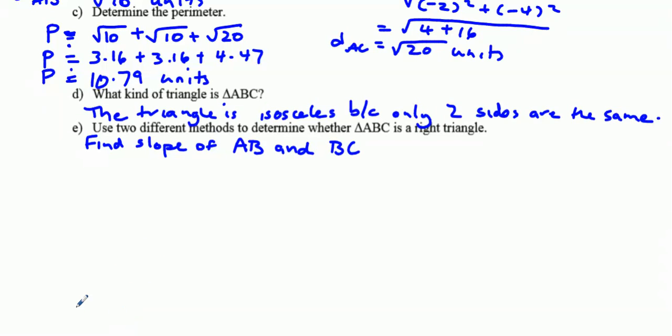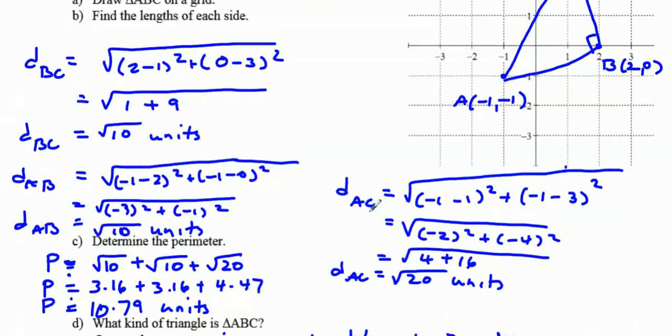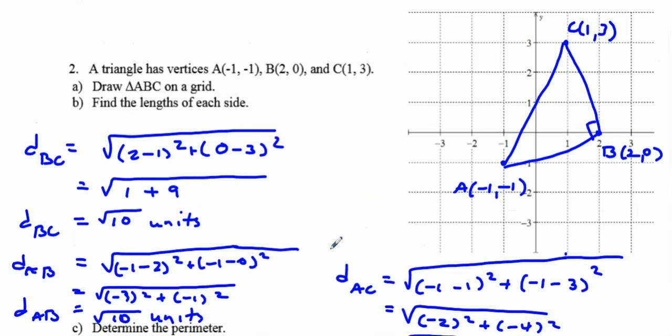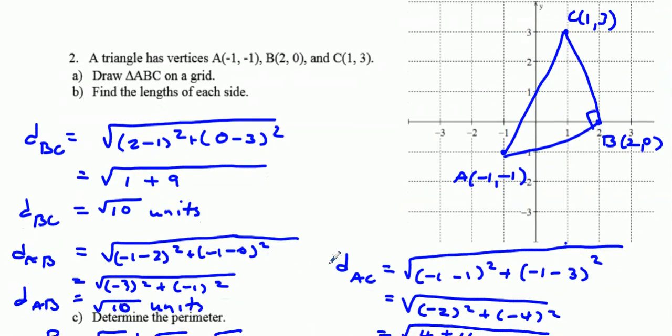I'm going to have to refer back. So slope of AB, I'll just write the formula down to refresh your memory. AB would be 0 minus negative 1, over 2 minus negative 1, which is 1/3.